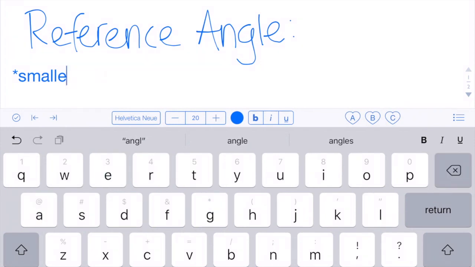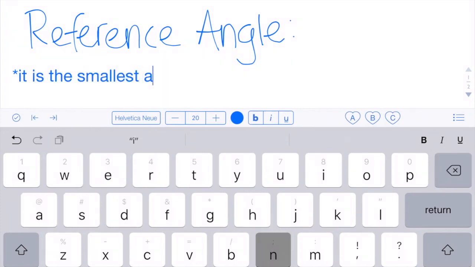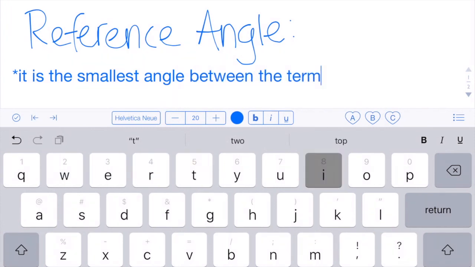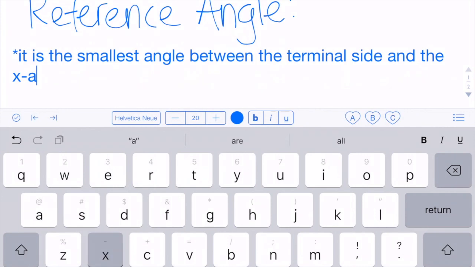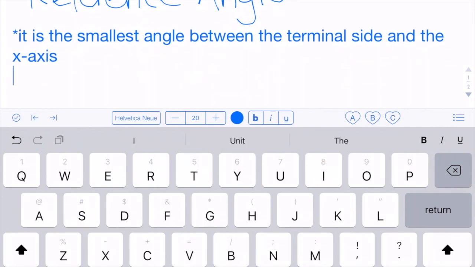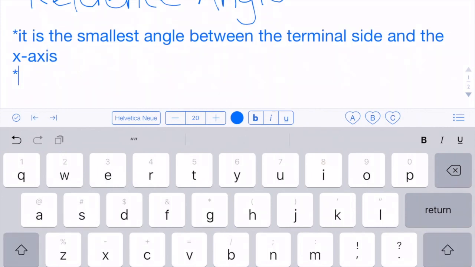It is the smallest angle between the terminal side and the x-axis. And then the second piece you want to remember is that it's always going to be 90 degrees or less and positive.